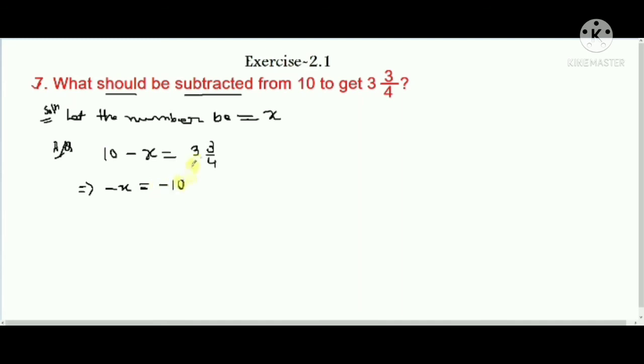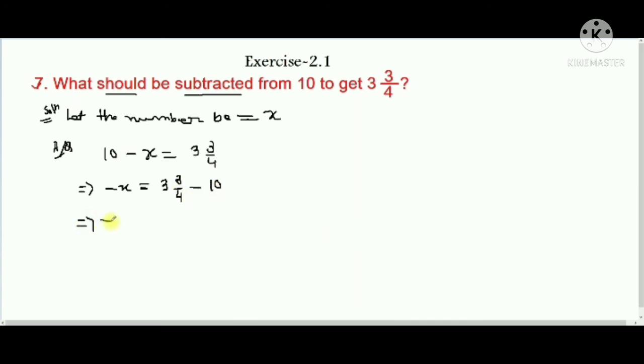Now it is minus 10. Okay, and then there is a plus sign. First we'll write this 3/4. Okay, and then this sign is minus, so you give minus, because plus becomes minus if we change the side.